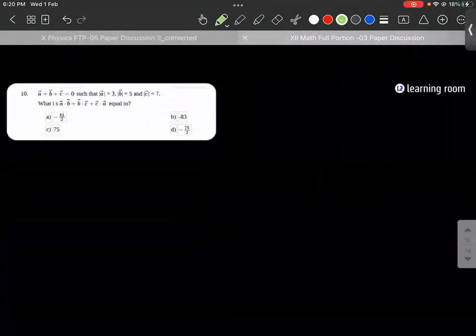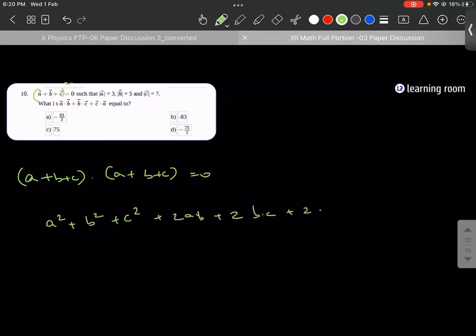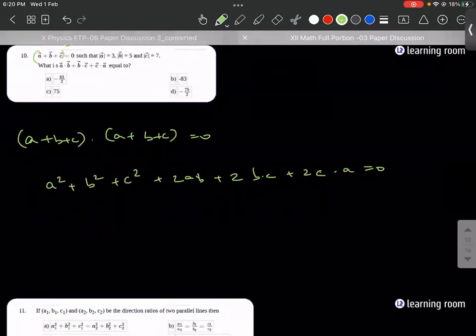So if a vector plus b vector plus c vector is 0, mod a is 3, mod b is 5, mod c is 7, then a dot b plus b dot c plus c dot a. So square on both the sides. So we'll get a plus b plus c dot a plus b plus c is equal to 0. So a square plus b square plus c square plus 2 times a dot b plus 2 times b dot c plus 2 times c dot a is equal to 0.